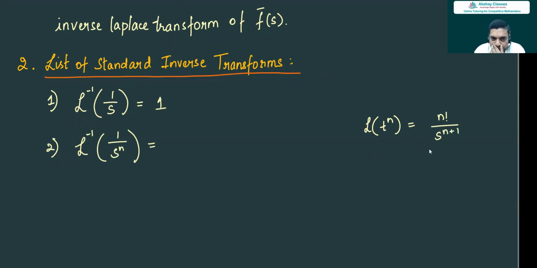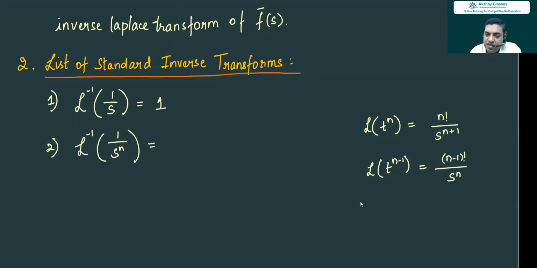Now we want 1 by s power n. So let us reduce this. Laplace of t power n minus 1 will be n minus 1 factorial by s power n.